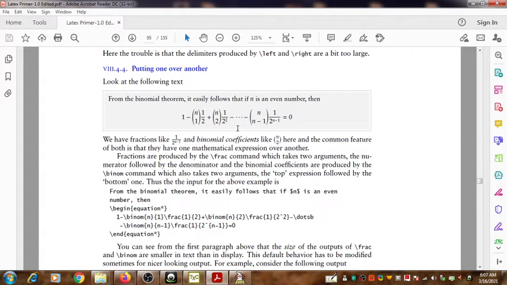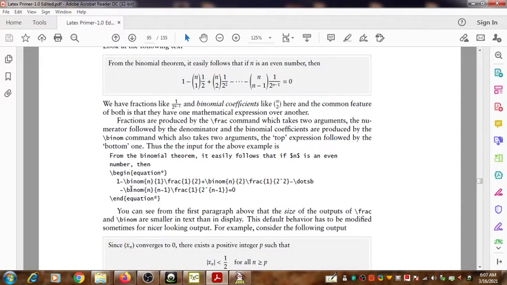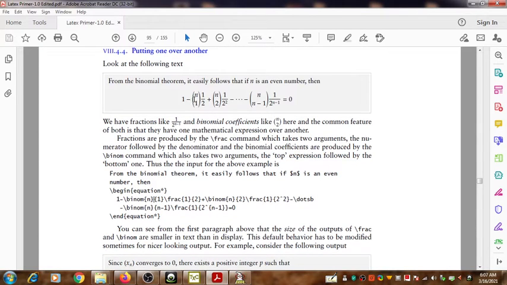Any binomial expression or fraction has almost the same typing structure. For producing a binomial expression, we have the command \binom. In the first curly bracket you type the upper number, the number which appears first.